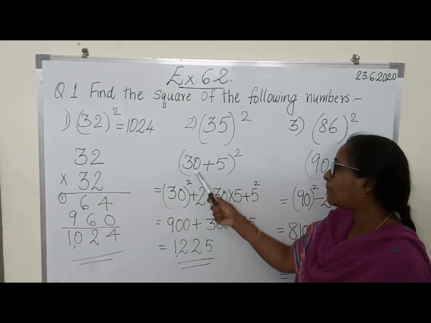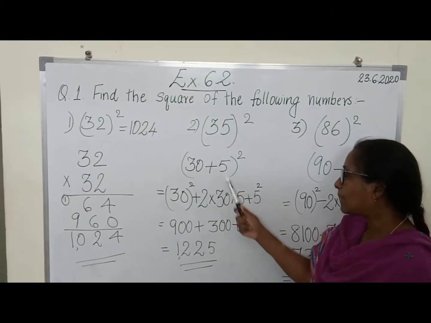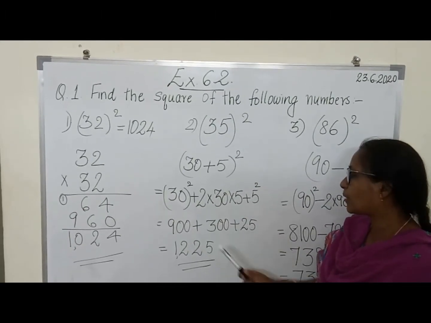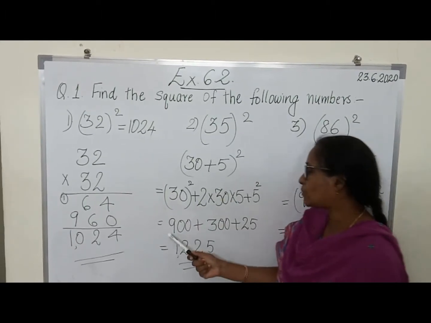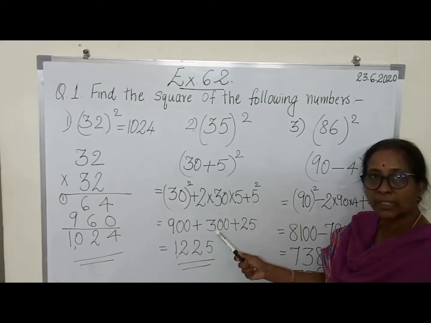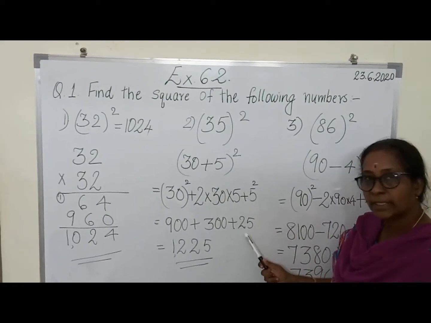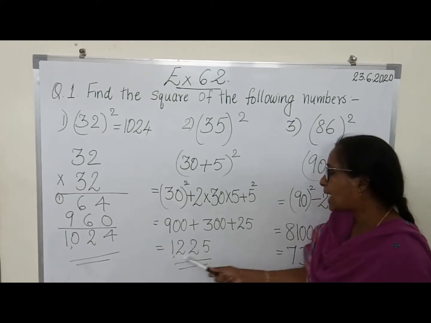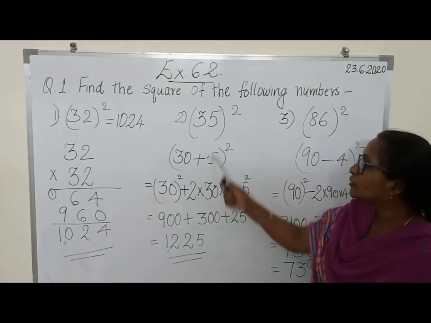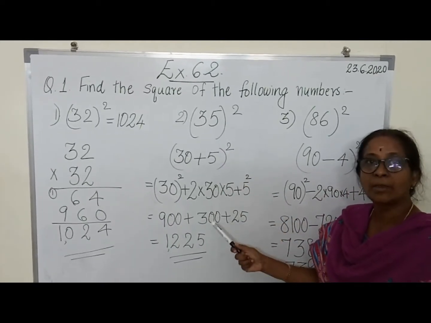So 2 multiplied by 30 multiplied by 5 plus B square, that is 5 square. So when you multiply, 30 square is 900, 2 into 30 into 5 is 300 and 5 square is 25. And when we add, we get 1225. So this is using identity 1.